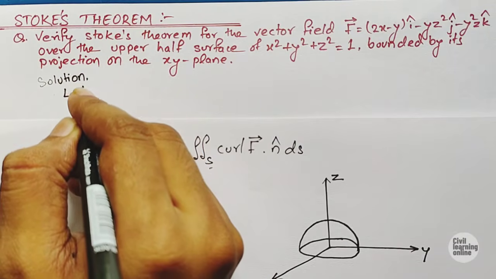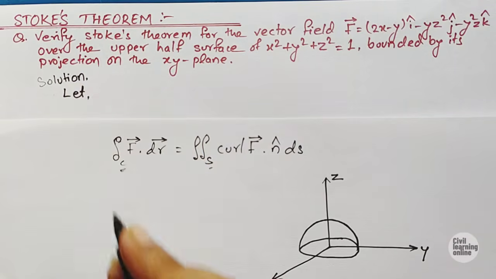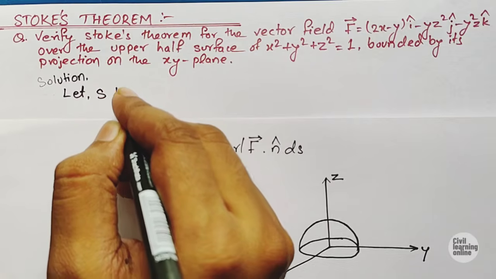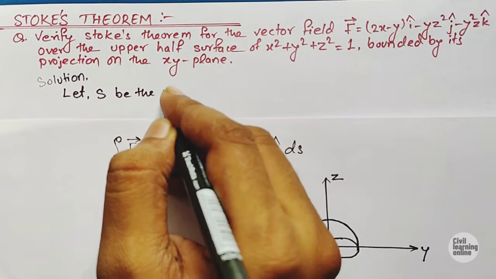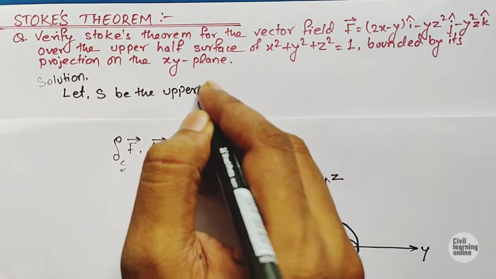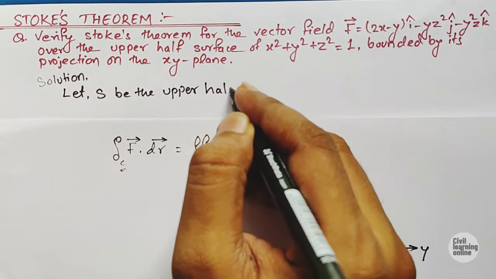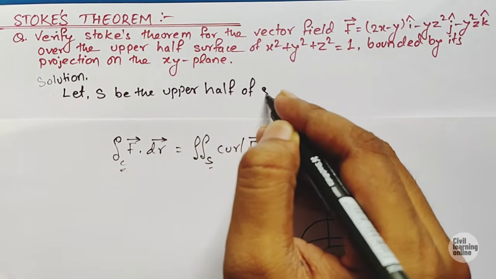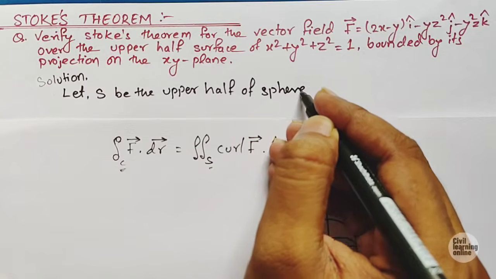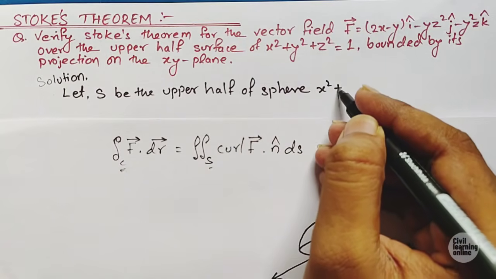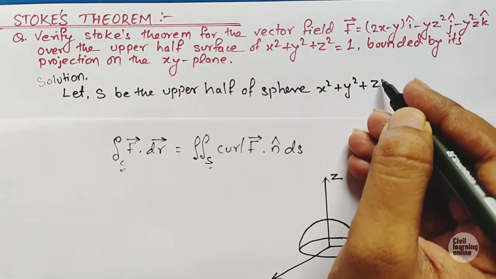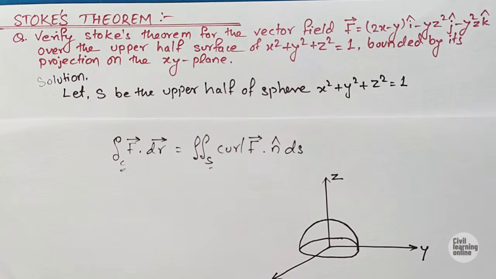Let S be the upper half of the sphere x square plus y square plus z square equals 1.